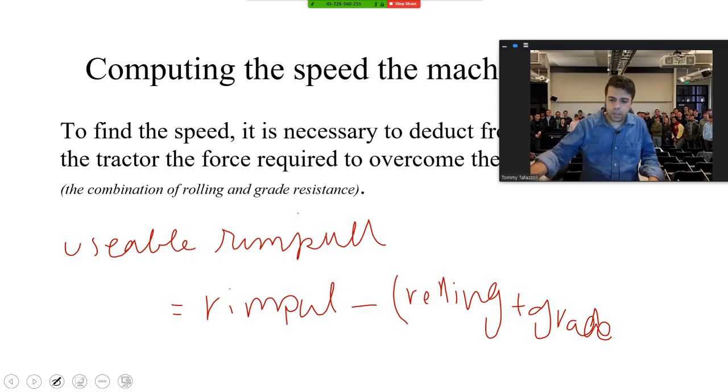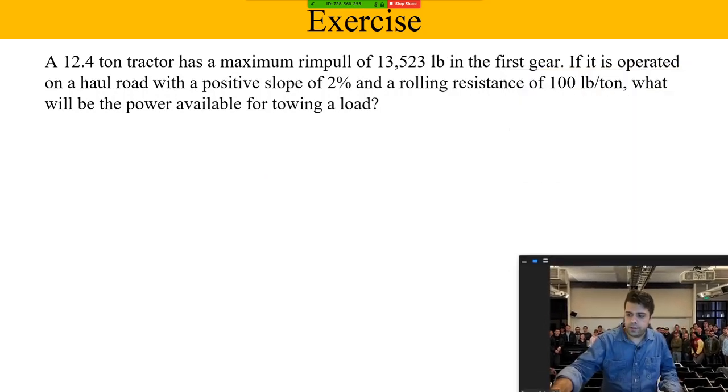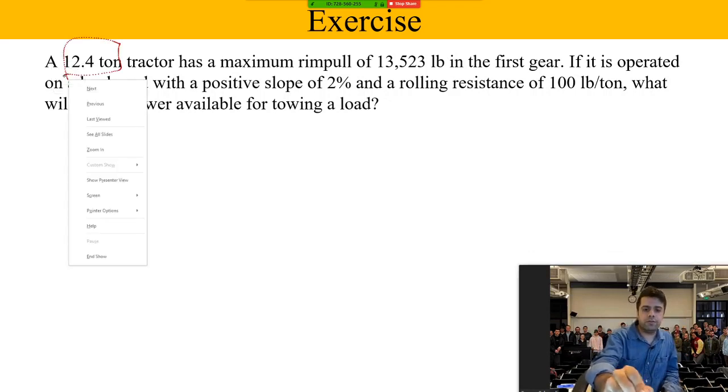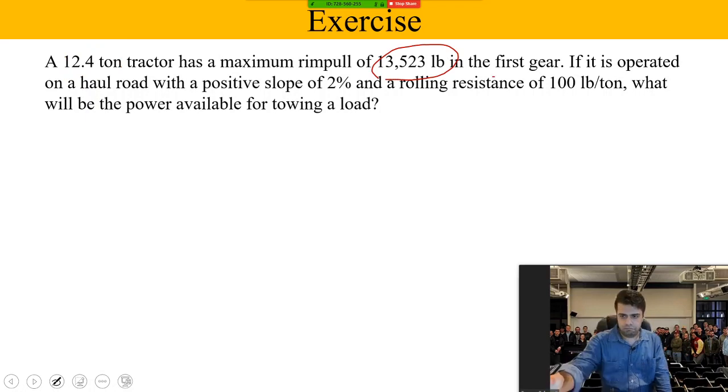All right, let's do one example together. A 12.4 ton tractor has a maximum rim pull given in the first gear. Does it help here?